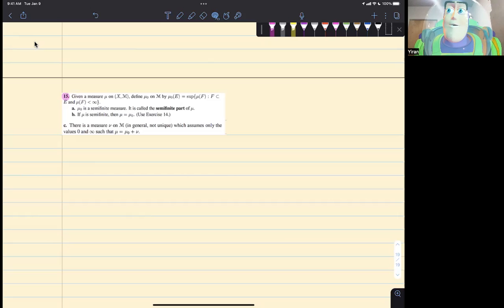Because infinity, of course, is larger or equal than the right-hand side. Okay, so let's just do case 2. The case 2 is suppose that mu_0(E) is finite. And we need to show the right-hand side holds, right?